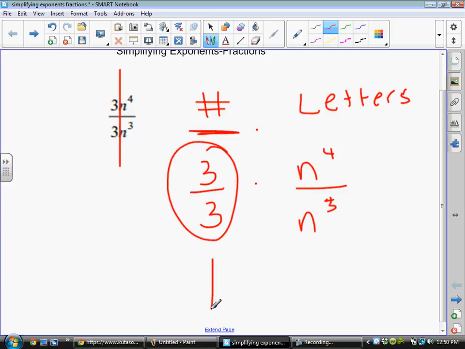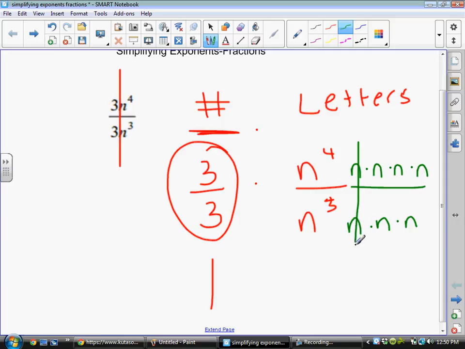Now with exponents, what we learned to do is to write out how many they are. n to the 4th means n times n times n times n. And n to the 3rd means 1, 2, 3 of those. So now we want to see if I have an n divided by an n, that will result in a 1, or result in not having any n's left in that spot anymore.